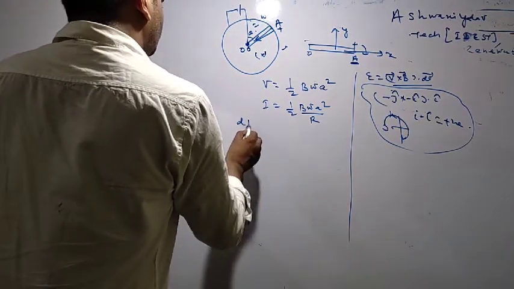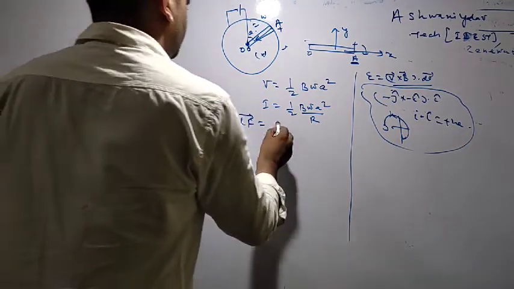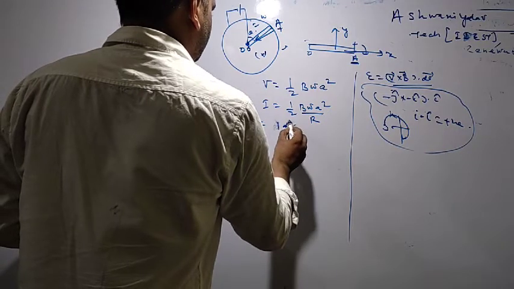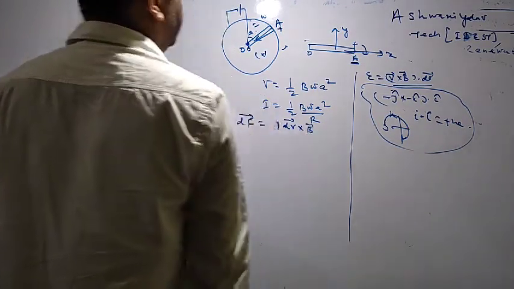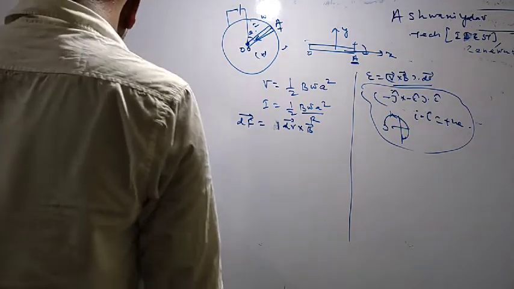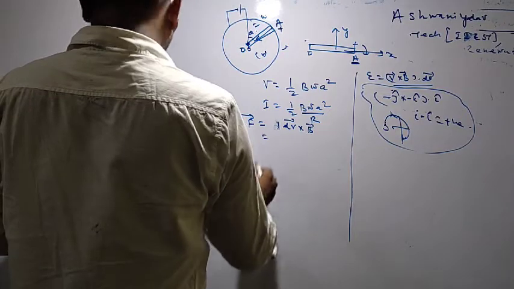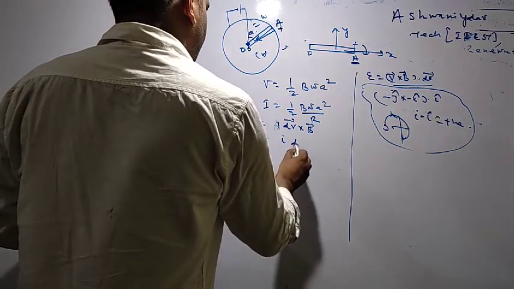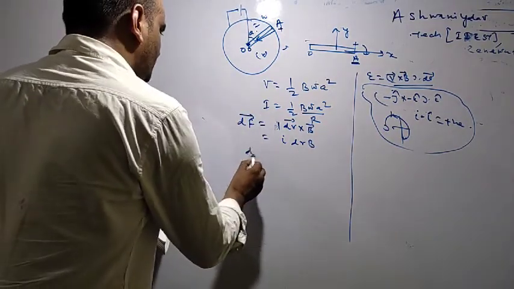And you know the magnetic force is nothing but I dl cross B. This is in vector form, and we know that these are perpendicular to each other, so we can write I dl B. And d tau is the torque.